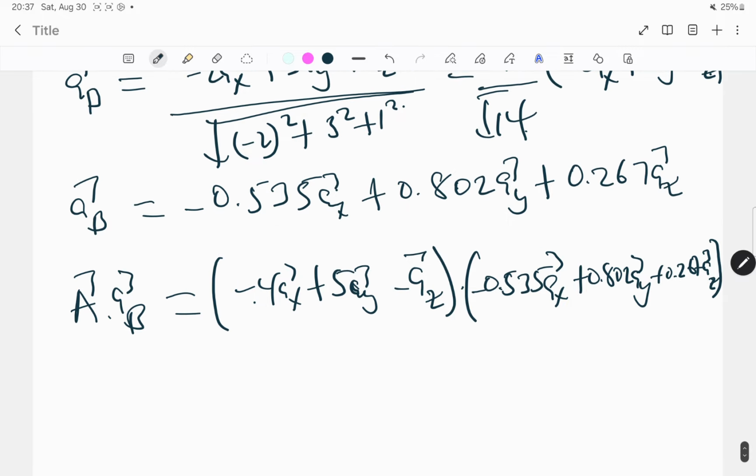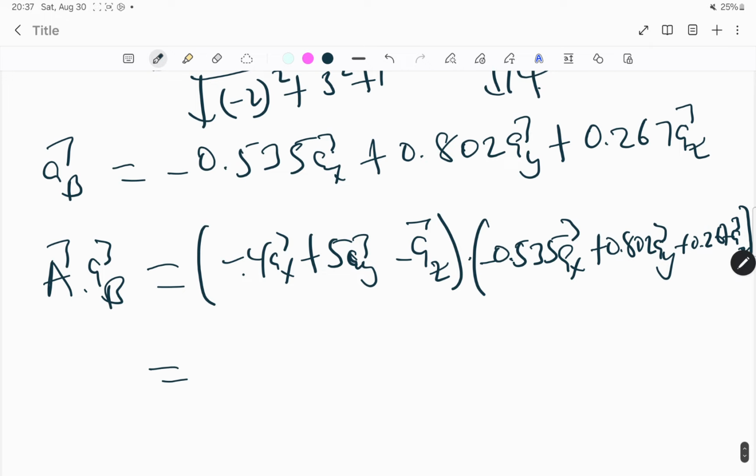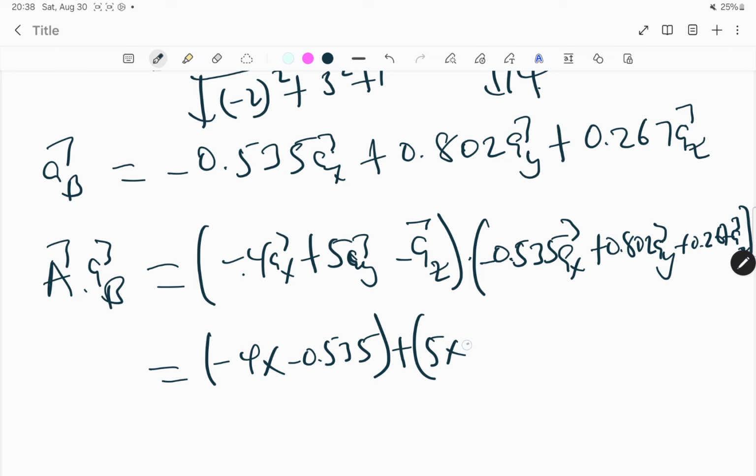So now that we've done this, the dot product of this will simply be, when you do the dot product, I'm going to have minus 4 times minus 0.535, plus 5 times 0.802, plus minus 1 times 0.267.